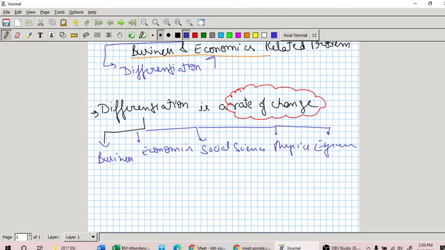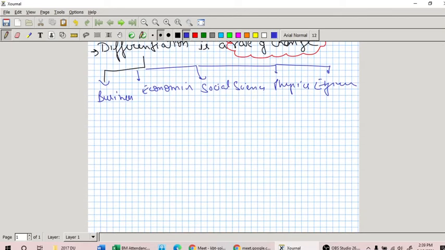So let us start with its first application, where we try to understand it as a rate of change, and we'll do it by applying it to increasing and decreasing functions.